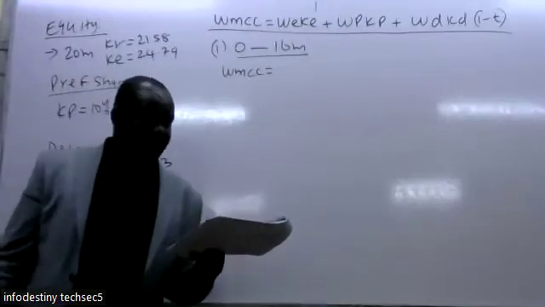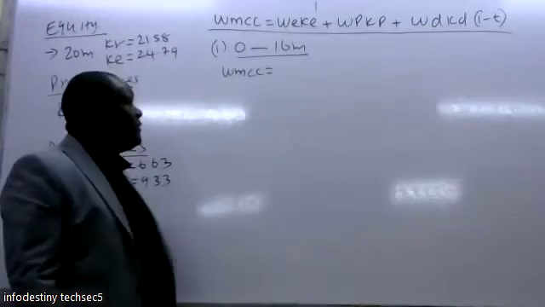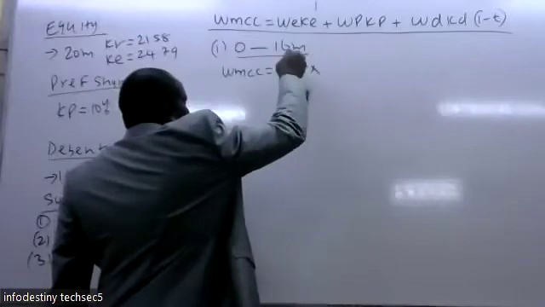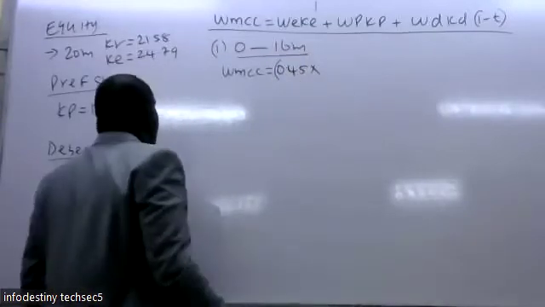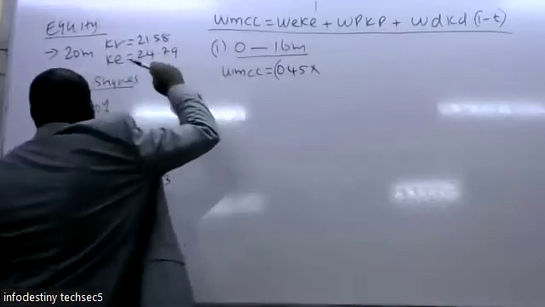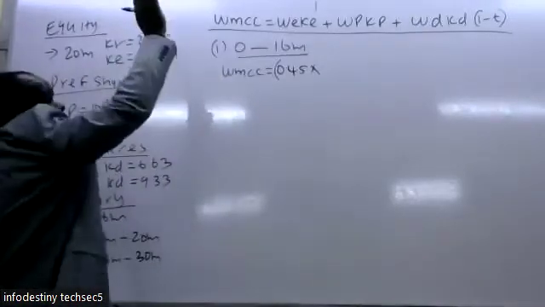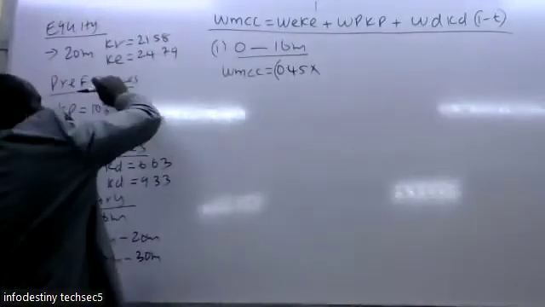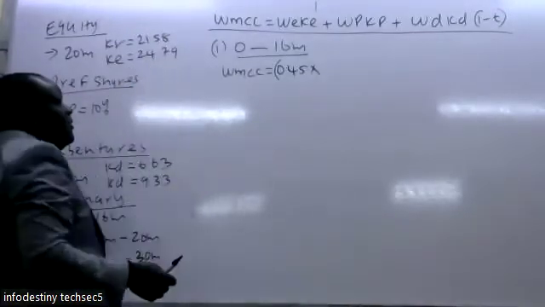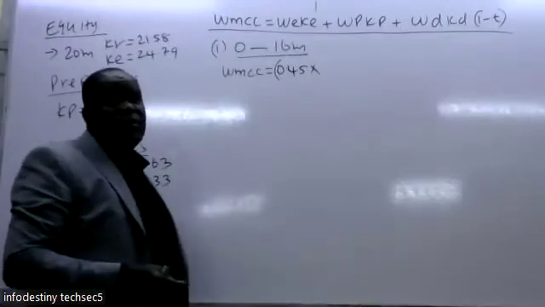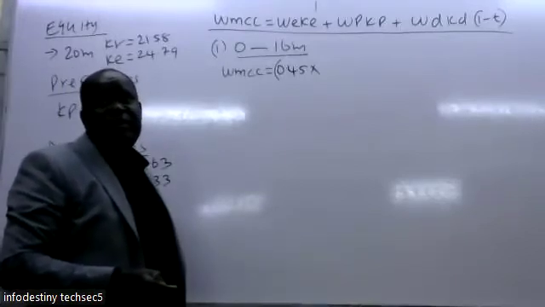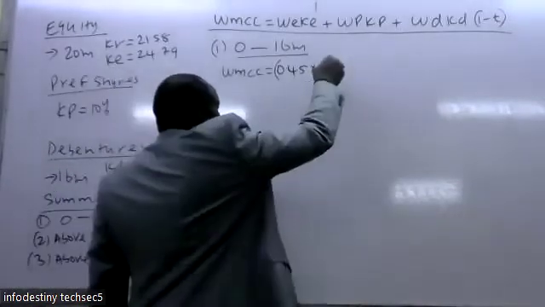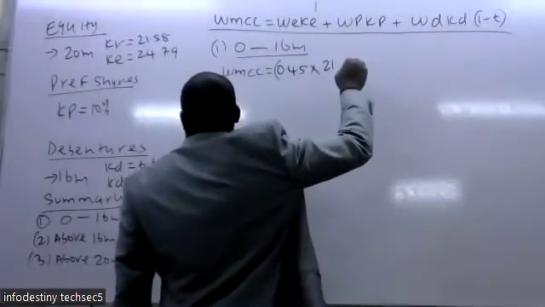So 45 divided by 100, the same as 0.45. Then KE, now you see this part. Anything to do with 20 million and below, we use the retained earnings. But anything above 20 million, we should be changing to the ordinary shares. So 0 to 16 is below 20 million. So we use the retained earnings, which is what percent? 21.58, like that.